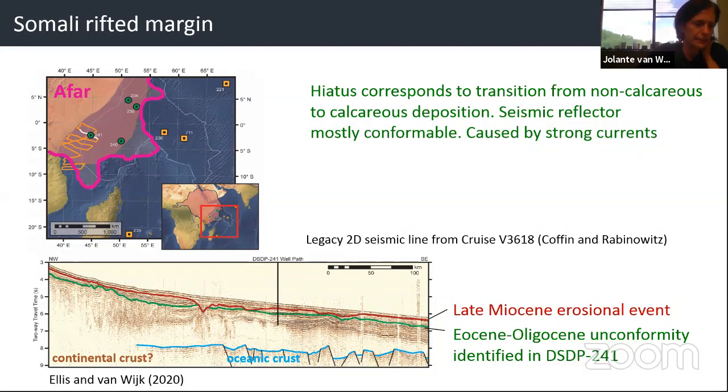This is a hiatus that we can trace as a reflector throughout most of this legacy seismic reflection series. It corresponds to this transition from non-calcareous deposition below the hiatus to calcareous deposition above the hiatus. So it is this stratigraphic information that we used to constrain dynamic topography of the Somali Basin.